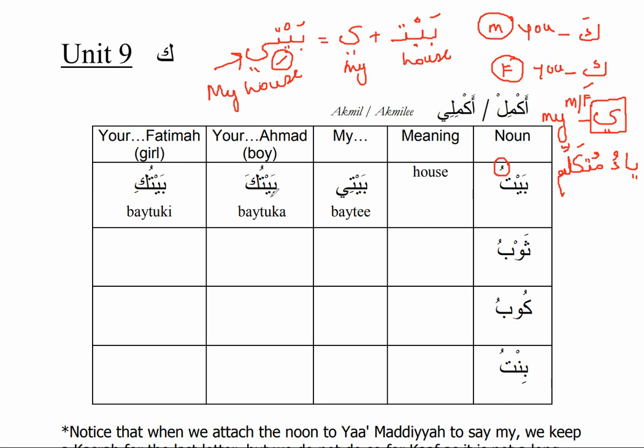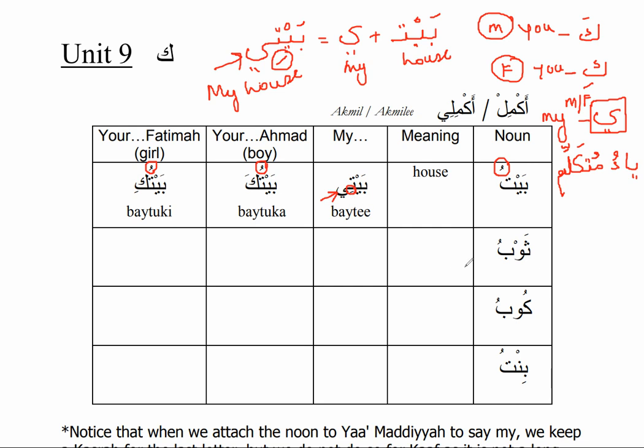And when you add ka and ki, the dhamma remains as it is. This rule only applies with the ya mutakallim. With kaf fatha and kaf kasra, the dhamma is maintained. Baituka, baituki means your house, and baiti means my house.